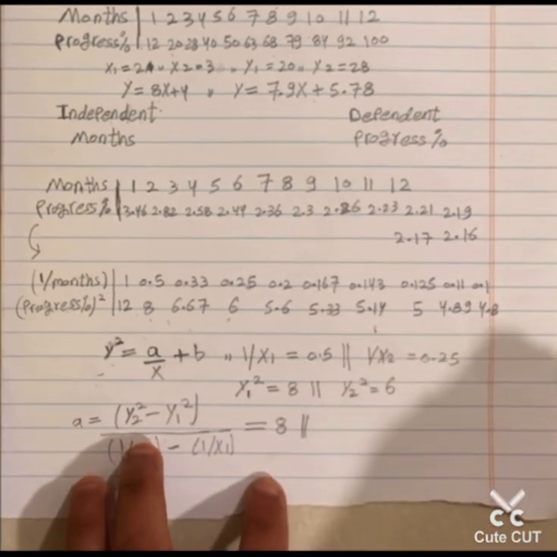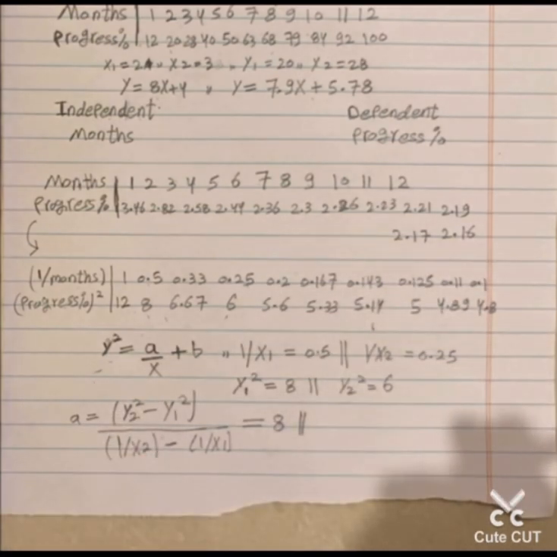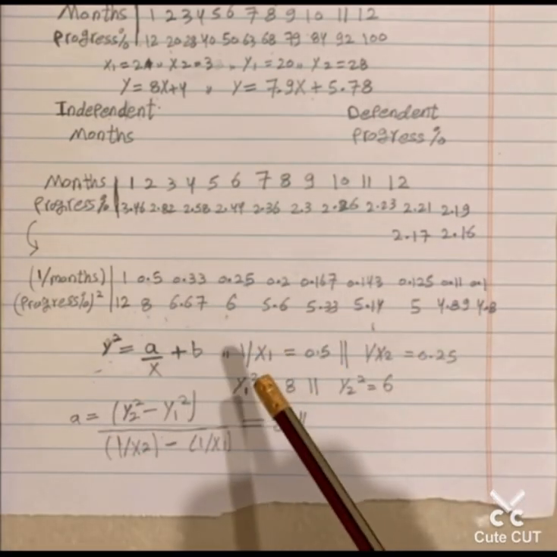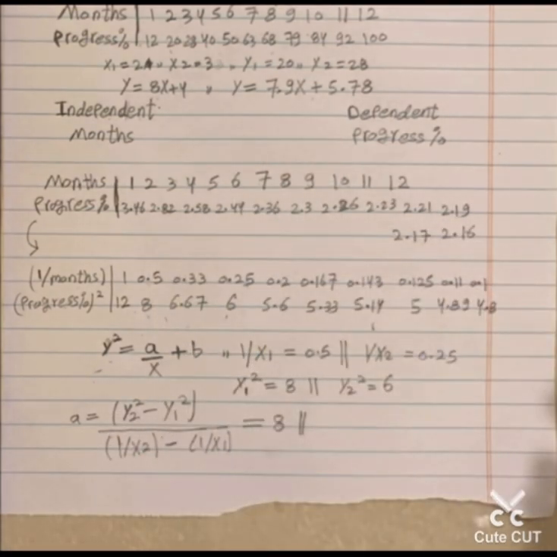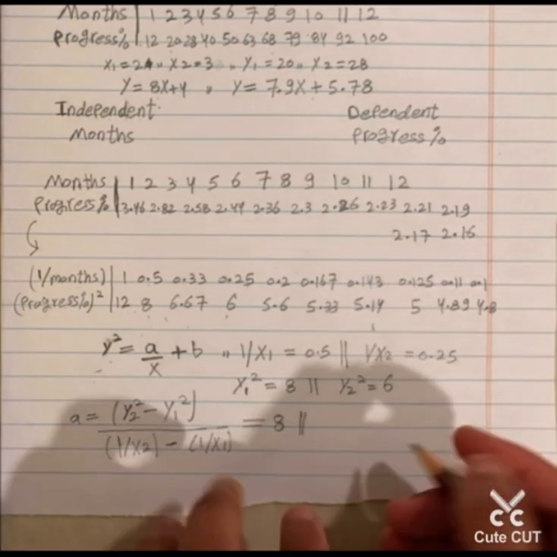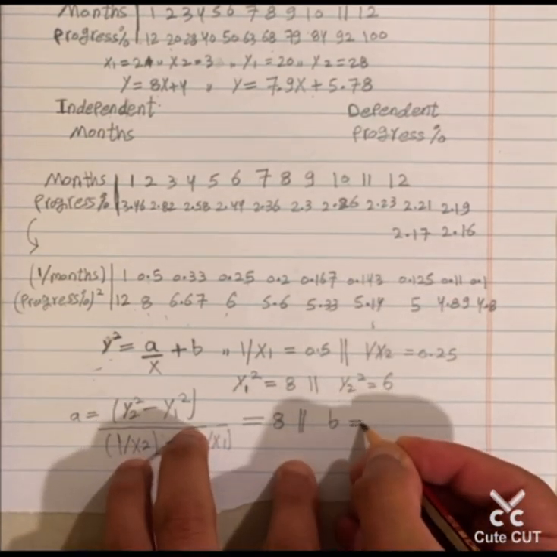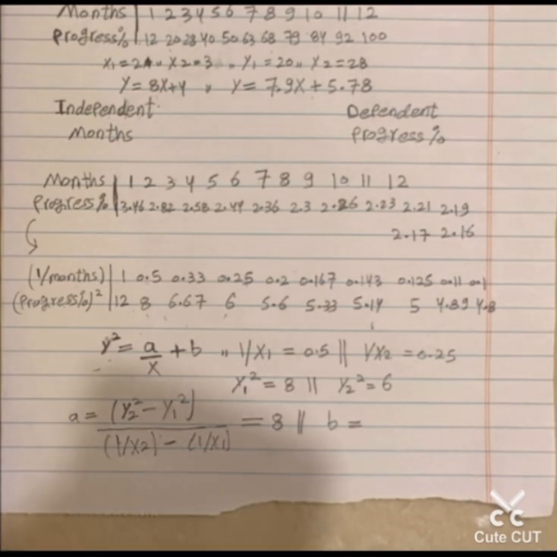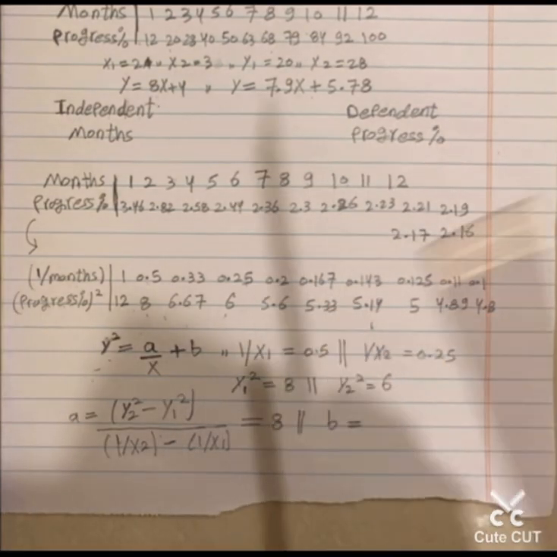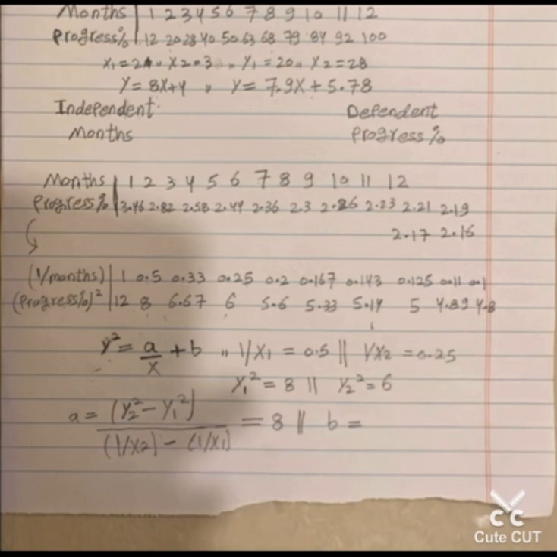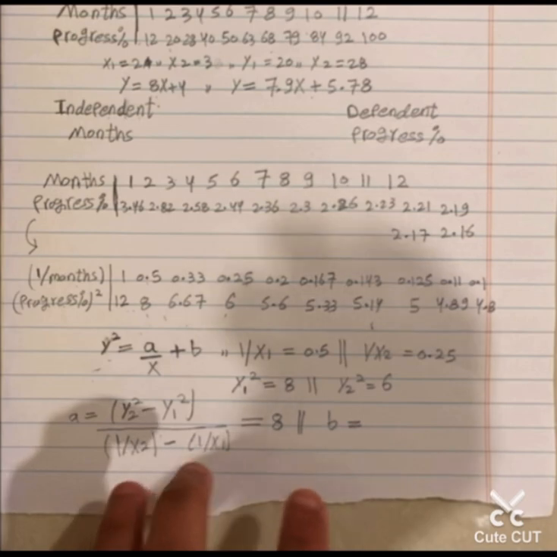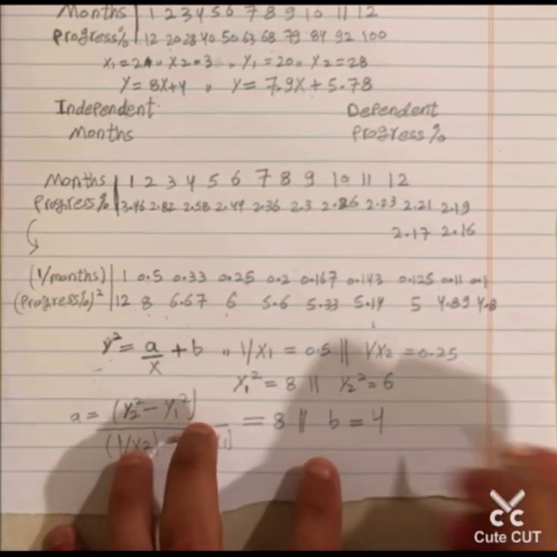And what about b? If you take one of the points, either 1 over x1 and y1 squared, or 1 over x2 and y2 squared, say 0.5 and 8, then b equals 8 minus 8 multiplied by 0.5, so b will equal 4.